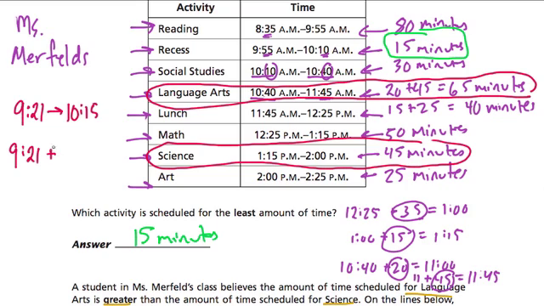9:21 plus 39 gives me 10 o'clock. And to figure that step out, you can always look at the number of minutes and take 60 minus that number. In this case, you get 39, right? 30 plus 20 is 50, 1 and 9 is 10. So you're figuring out how many minutes you need to get to the next hour, to 60. So that brings you to 10 o'clock.